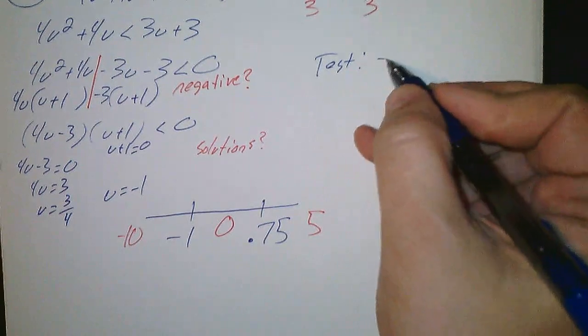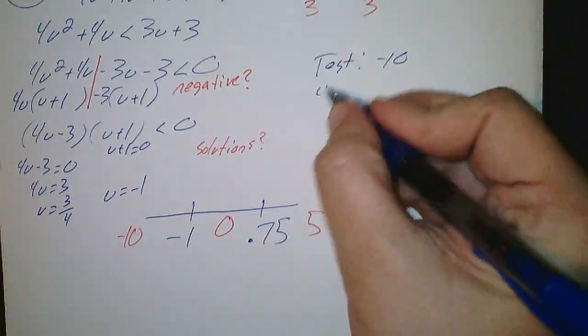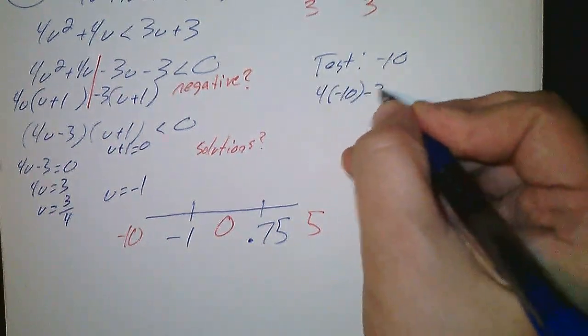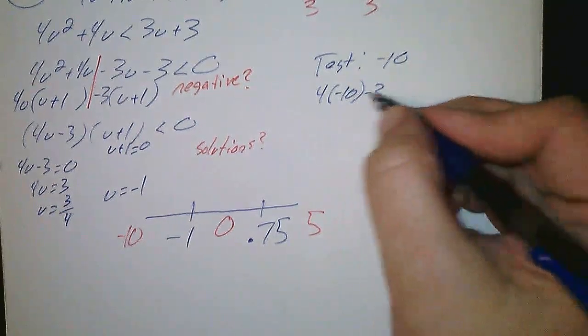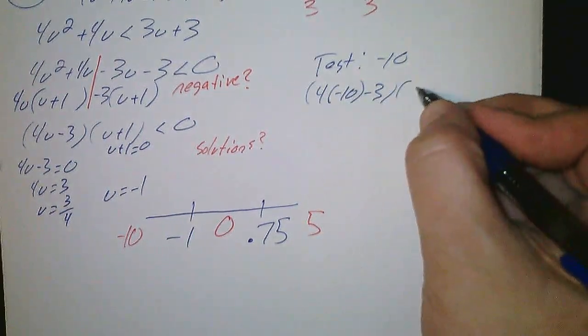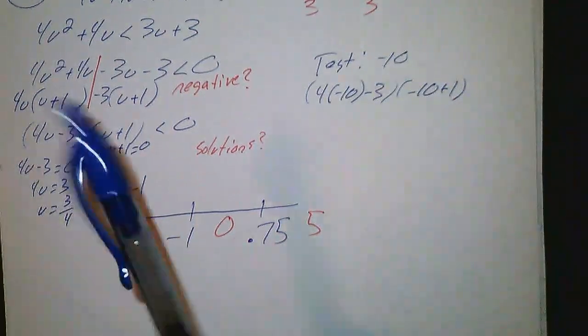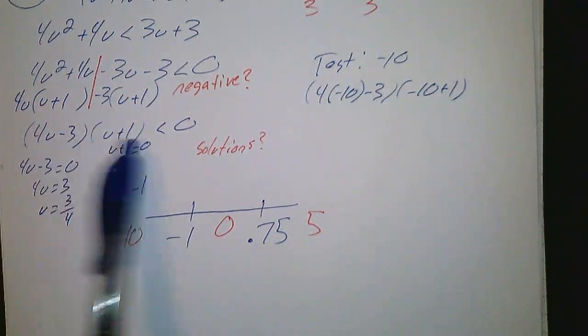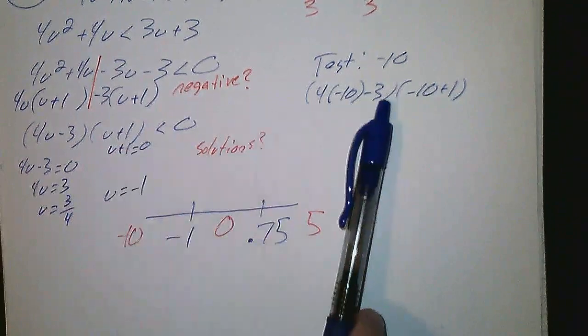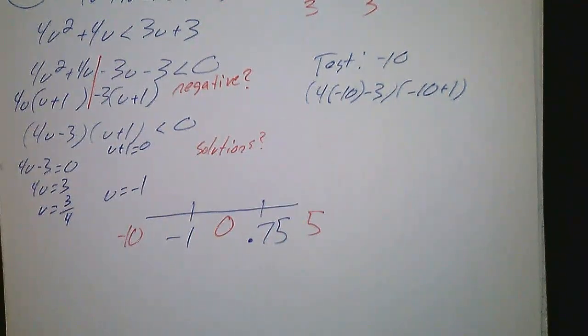So if we test -10, that's 4 times -10 minus 3 times -10 plus 1, because that's the factored form.